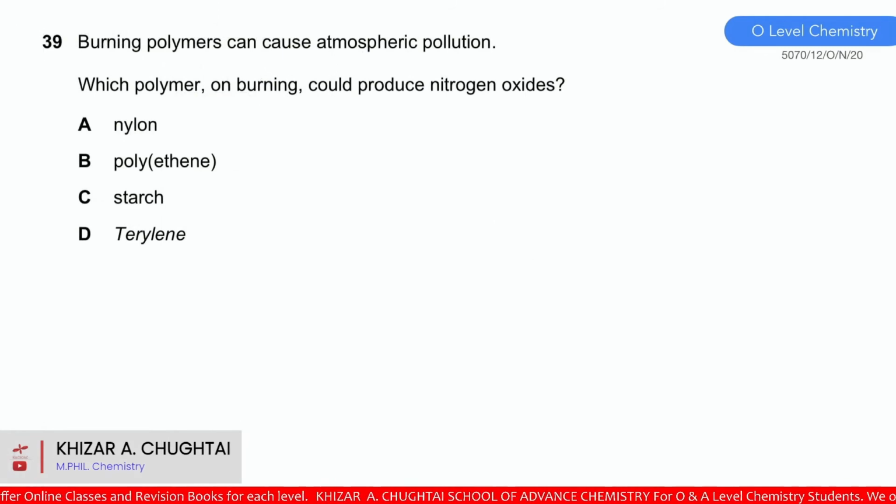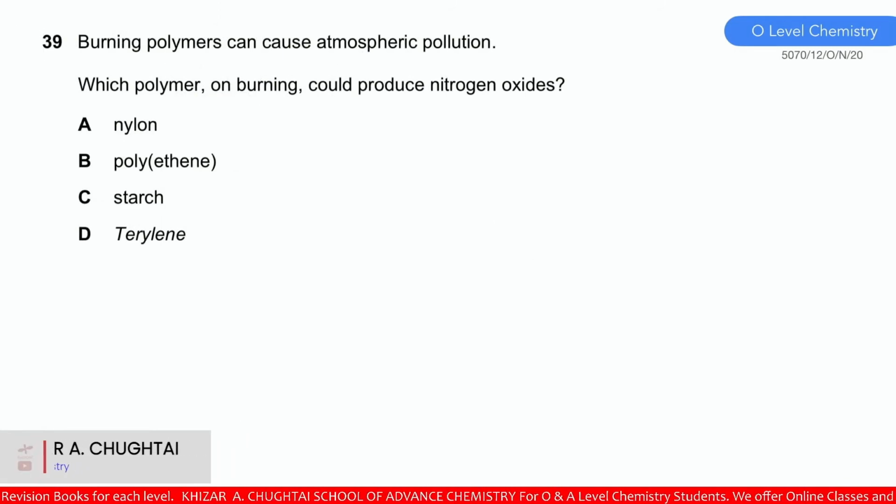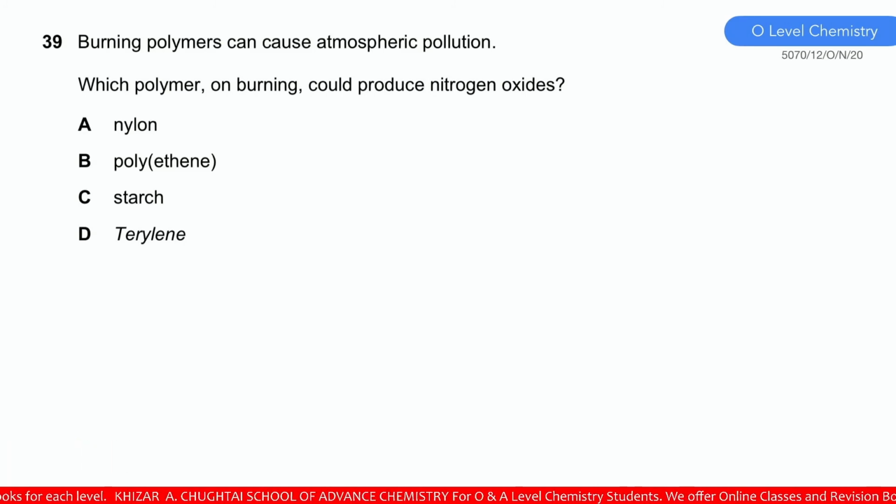Come towards question number 39. Burning polymer can cause atmospheric pollution. Which polymer on burning could produce nitrogen oxide? I mean, it is having nitrogen. If it is having nitrogen, then in normal open air burning it will give nitrogen oxide if there is the presence of a nitrogen atom.